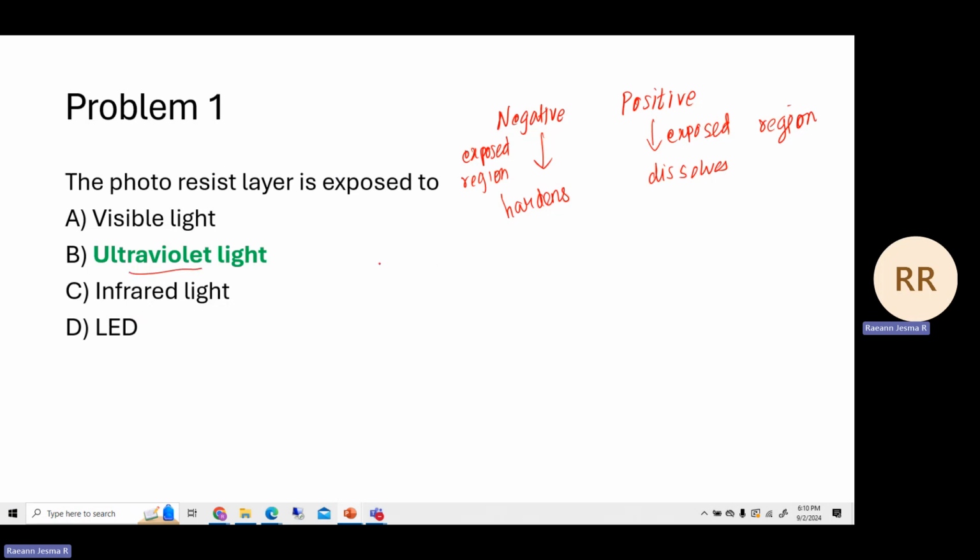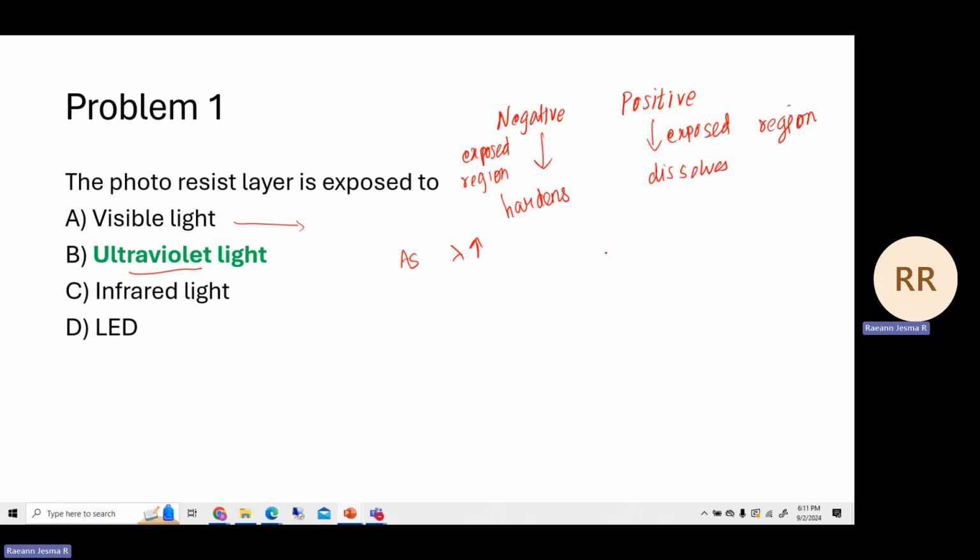In visible light, the wavelength is very large, so we cannot fabricate features with very small resolution. As the wavelength of light increases, the size of the minimum feature that you can fabricate also increases.